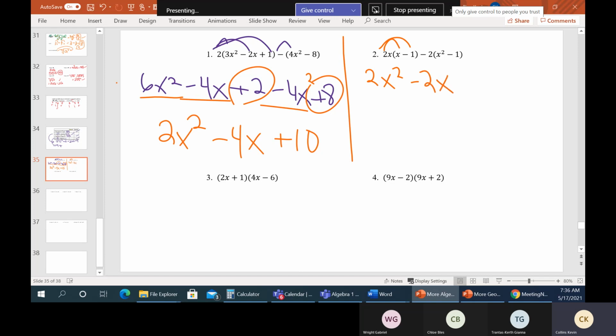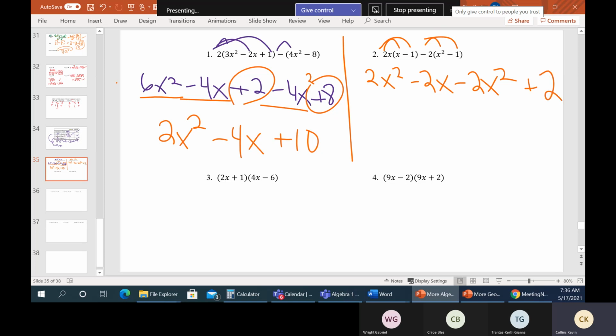Okay, then over here, we've got minus 2x squared, right? So minus 2x squared. And then we've got minus 1 and minus 2 times each other, give you plus 2.